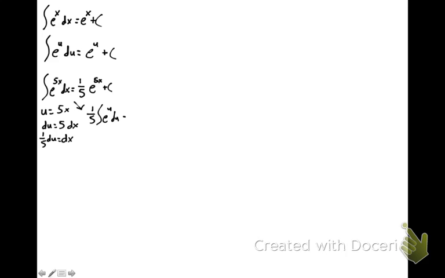But the integral of e to the u is itself, so we'd have 1/5 e to the u plus c, but we set u equal to 5x, so we've got 1/5 e to the 5x plus c. Again, using u substitution to help you stay organized is a great strategy, and there's nothing wrong with it. If you can see the chain rule sometimes, that's a good thing as well.